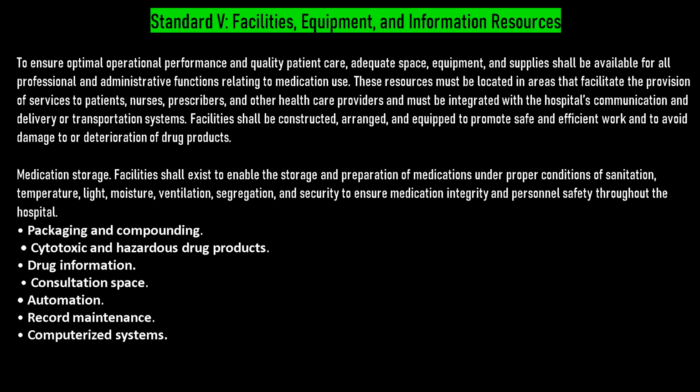Record maintenance: adequate space shall exist for the maintenance and storing of records. There are also some types of records kept in the medical record. A computerized system should be available in all areas of the pharmacy. So that is standard number 5.